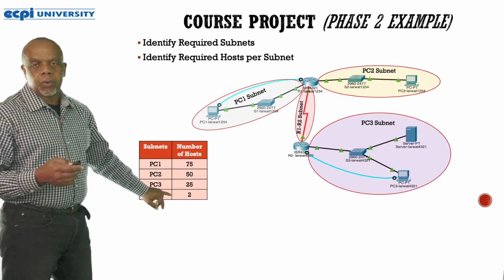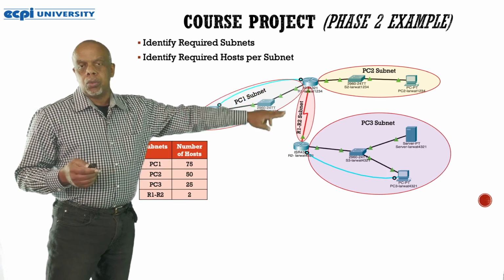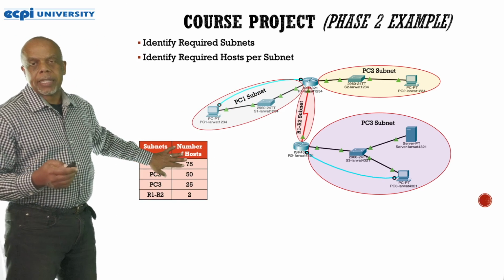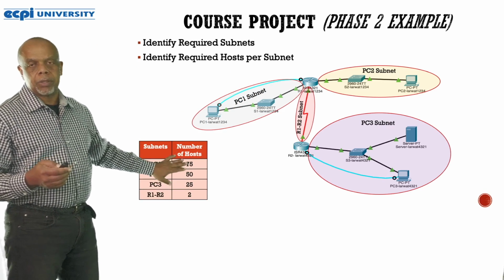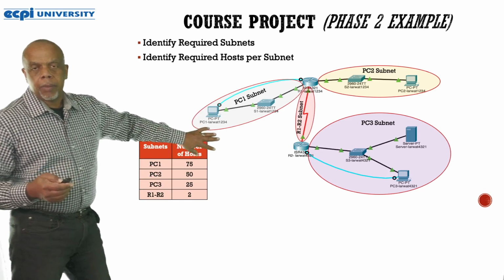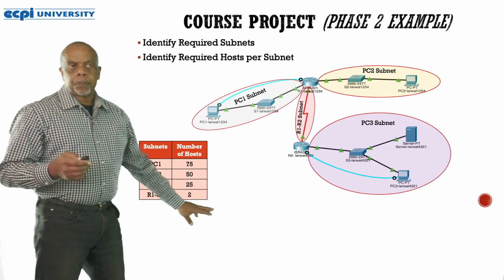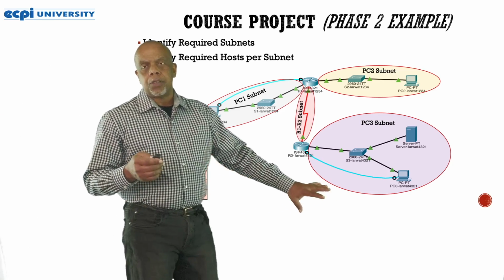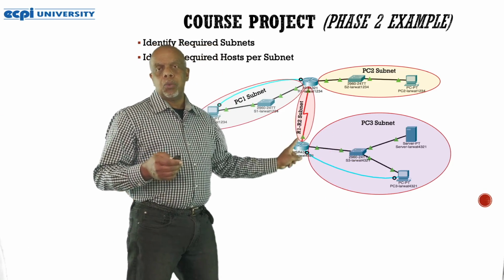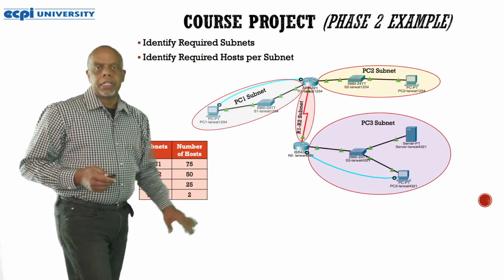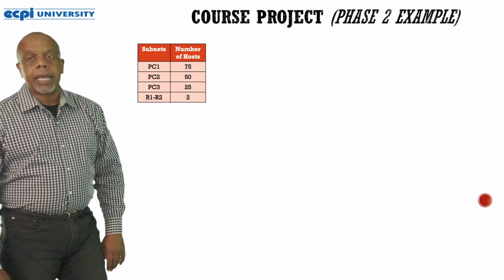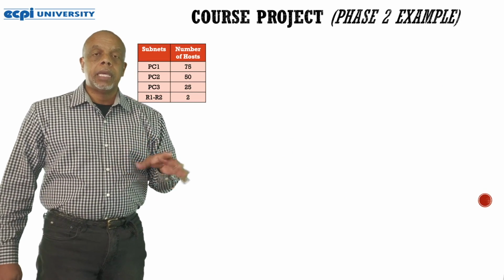And from router 1 to router 2, we're going to need 2 hosts, 2 IP addresses. When I say hosts, think of these as IP addresses: 75 here, 50 here, 25 here, and 2 there. So now that I've identified those, we can actually go into how we subnet to make this happen.